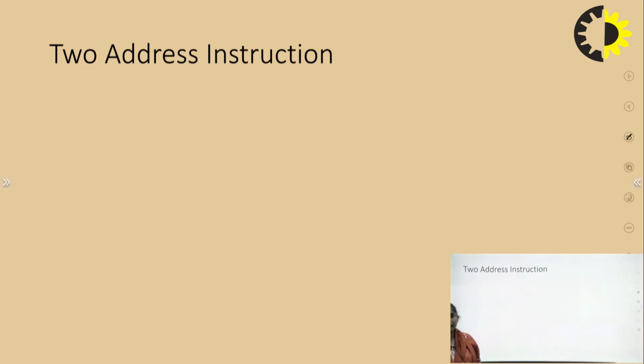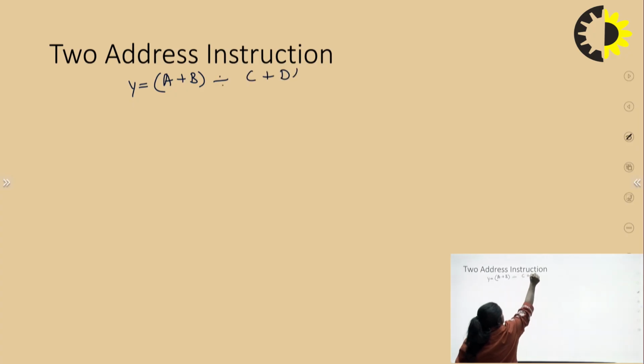Now in the 2 address instruction, if we take the same thing, that is y equal to A plus B divided by C plus D into E. We are taking the same in the 2 address instruction. First of all, the values will be stored in R1, and this particular value will be stored in R2.